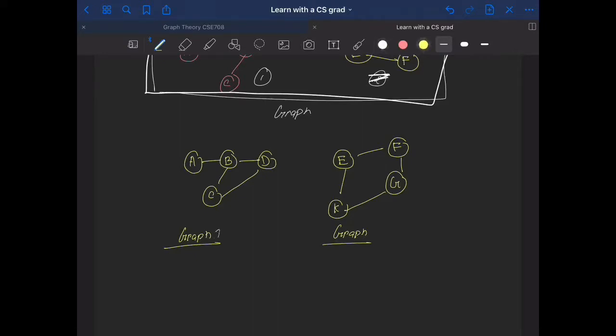So let's say this is graph 1 and this is graph 2, right? Let's just look into graph 1. Does graph 1 have other edges or other nodes that are not connected to one another? So let's say we have these two vertices that are not connected to, let's say, D or any one of the other vertices here.